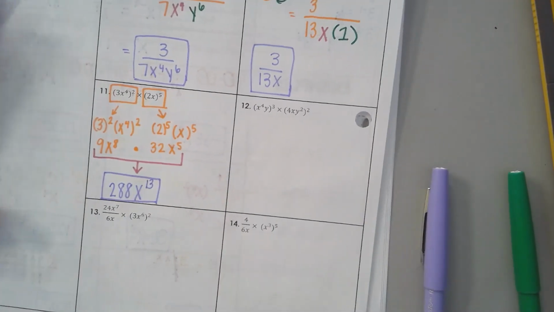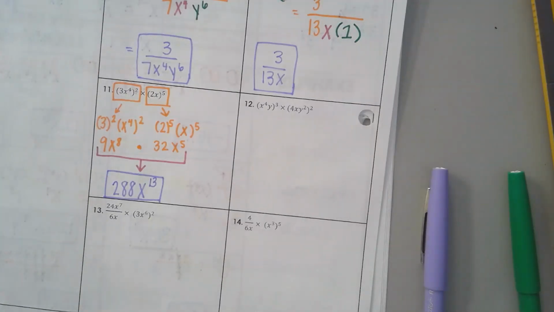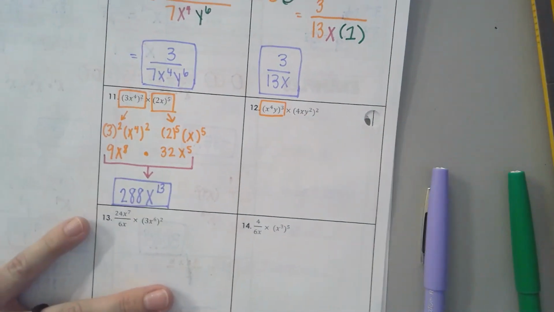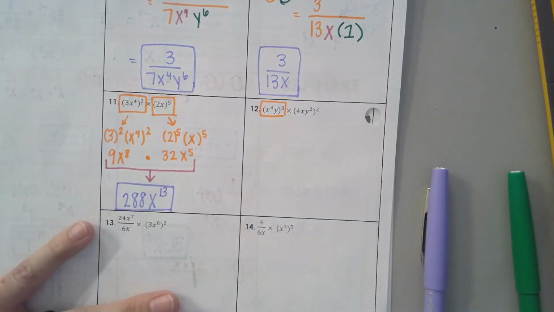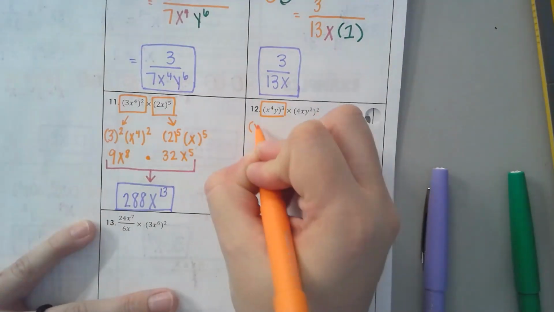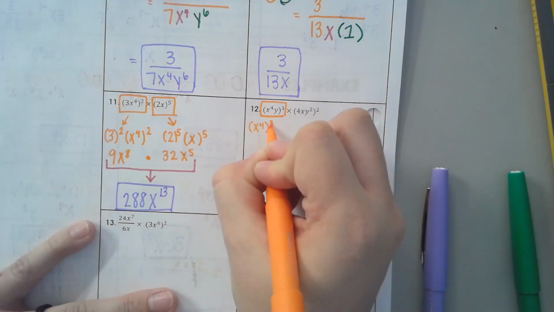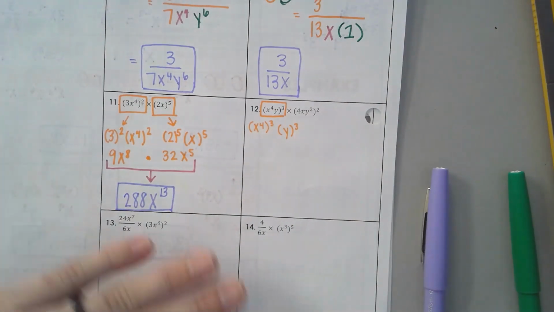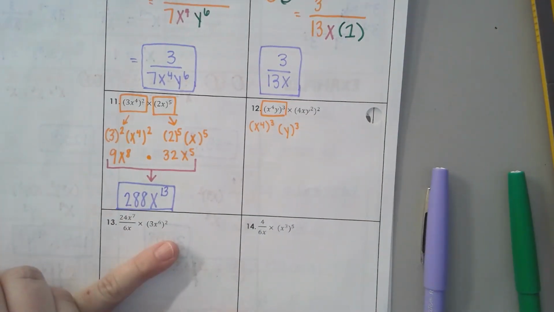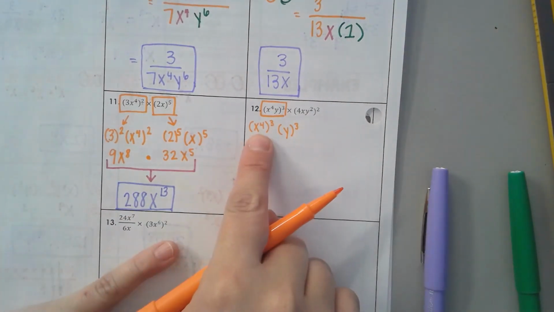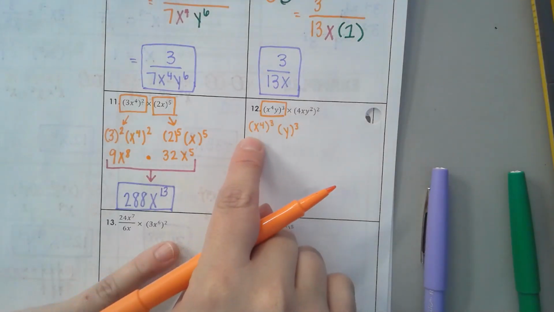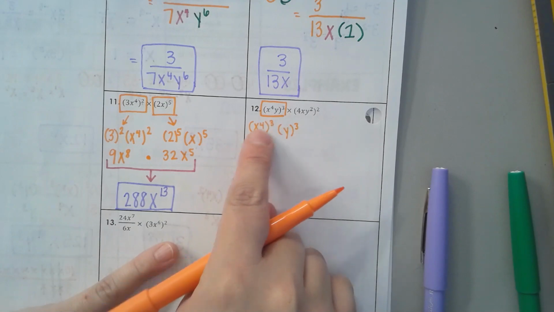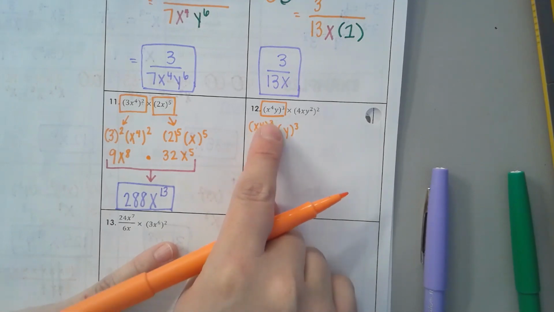Let's do number 12 together. We have x to the 4th cubed and y cubed. What do I do with the exponents? Nope. Multiply them. Exponent by exponent, you multiply.